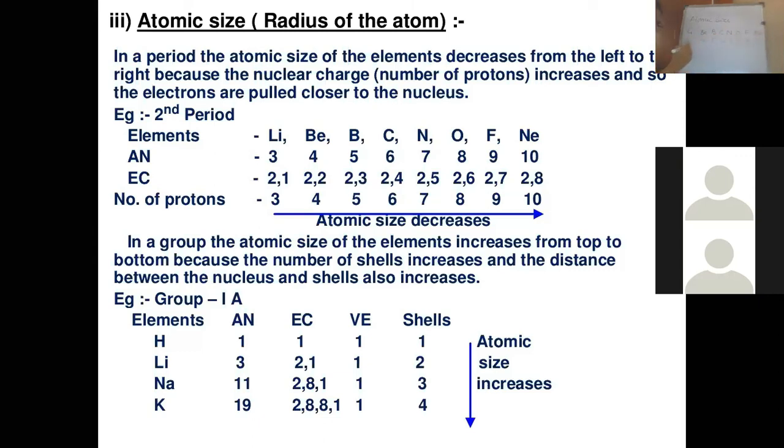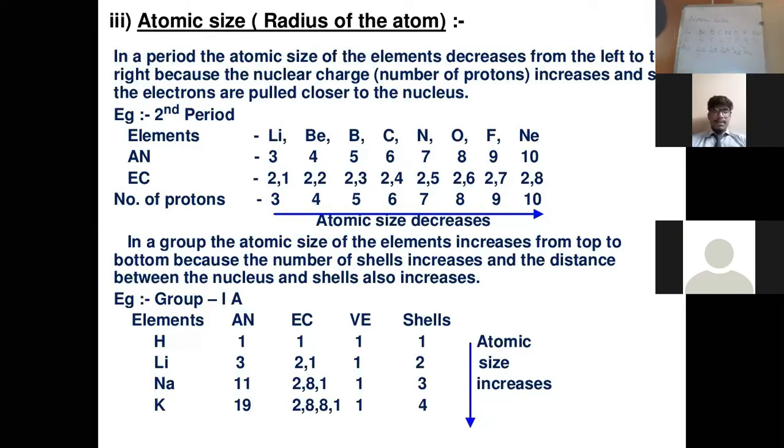Again, you can see, although the number of shells remains the same, in each and every atom there are only 2 shells, but then why do I say that when we move in a period from left to right, the atomic size will go on decreasing?